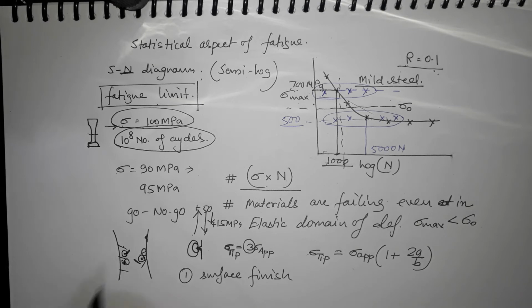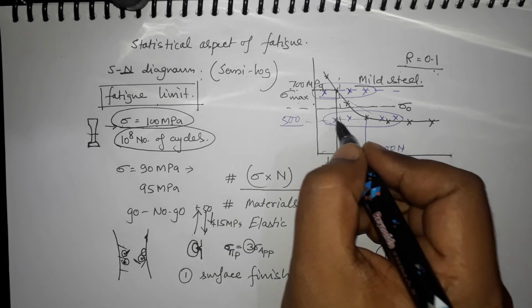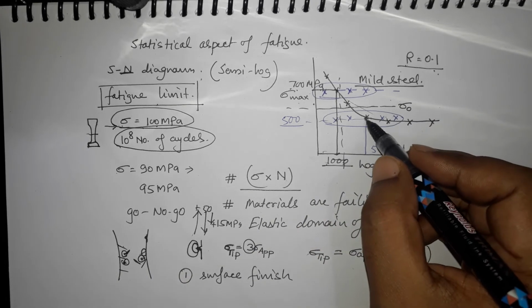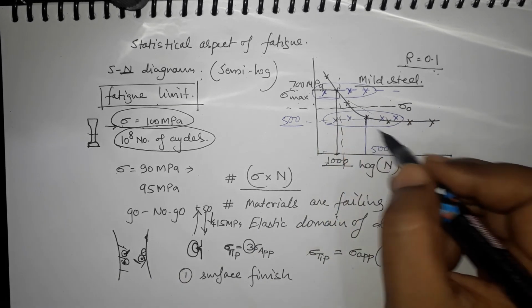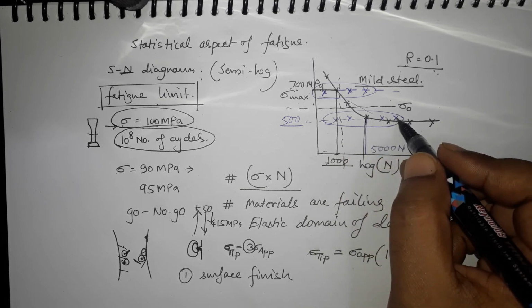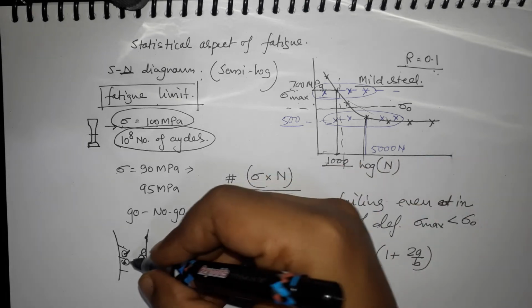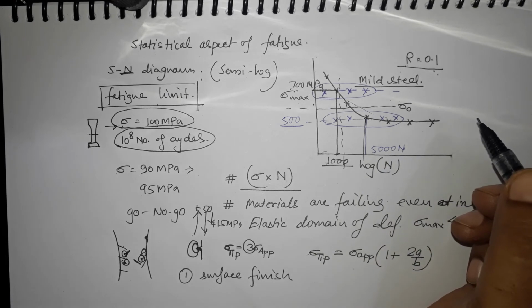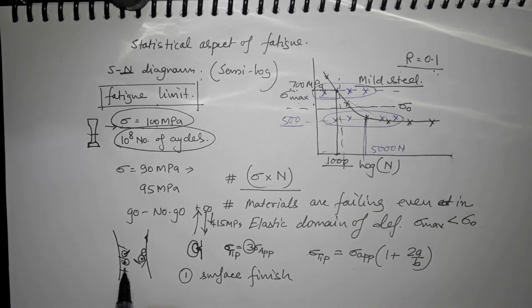Okay, and because of this, one sample will break at 1000 cycles, probably because there were fewer inclusions or fewer scratches on the surface of the specimen, or it can take more than what you got this diagram for, so more than 5000 cycles, so it might break at 10,000 cycles, because you removed the scratches from the surface, you made the surface very clean, and also maybe because there were not so many inclusions in that particular piece of material which you took to fabricate your specimen for testing.